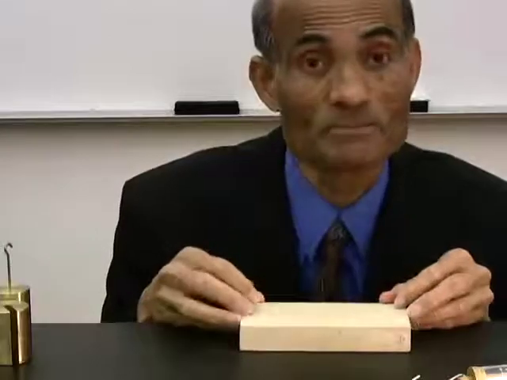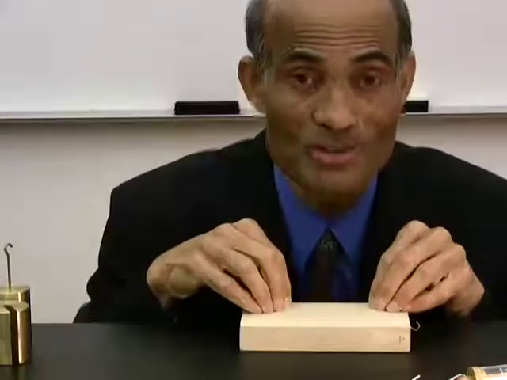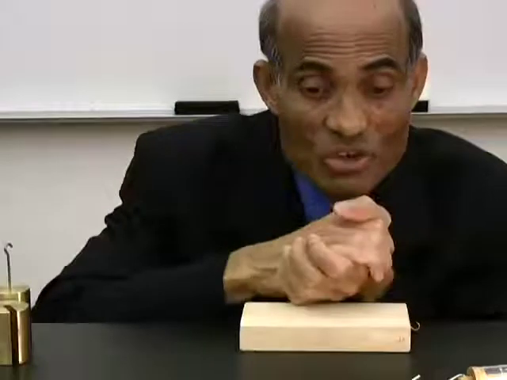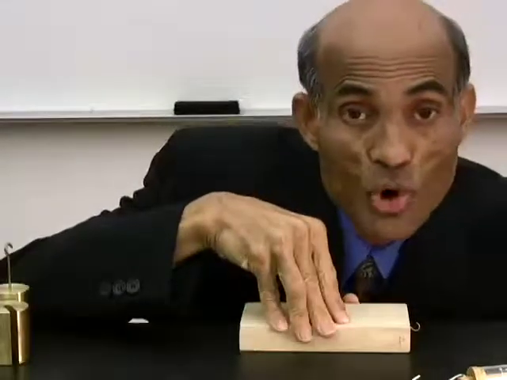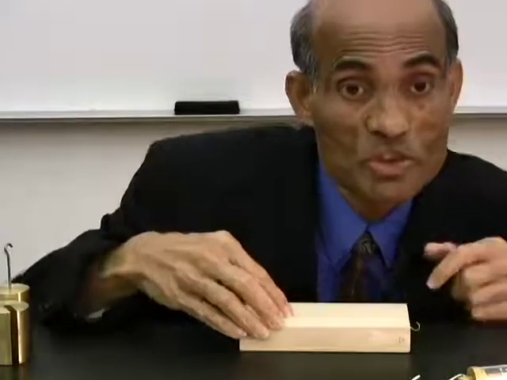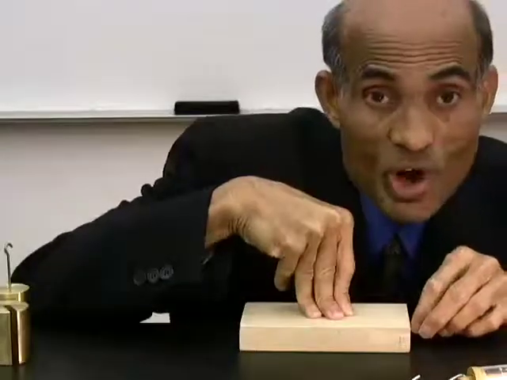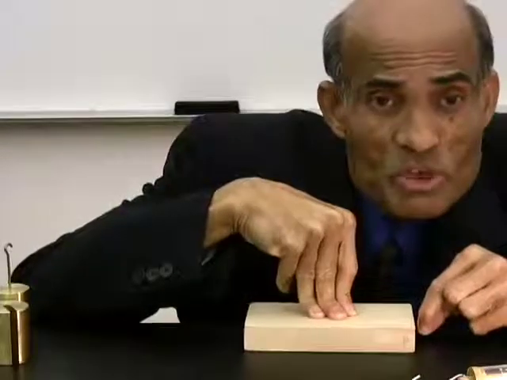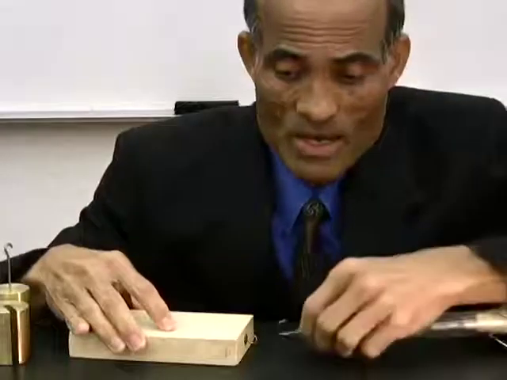Now tell me, what is the factor on which the force of limiting friction depends on? Well, if you can increase that interlocking, in other words, if I can increase the normal force, then I would expect the frictional force will be greater. Is that right? If I press harder on the block of wood, it will be difficult to move it. All right, let's have a look at that one more time.